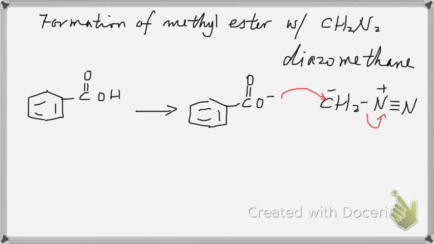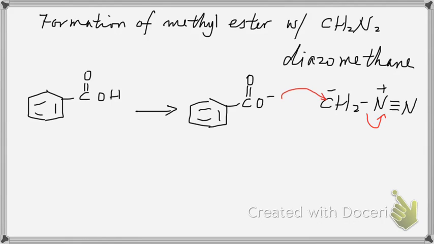So benzoate, the anion, can react with diazomethane by donating its electrons to the negatively charged CH2 group.